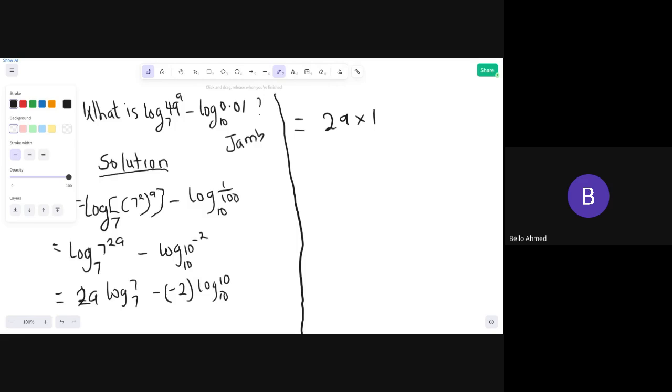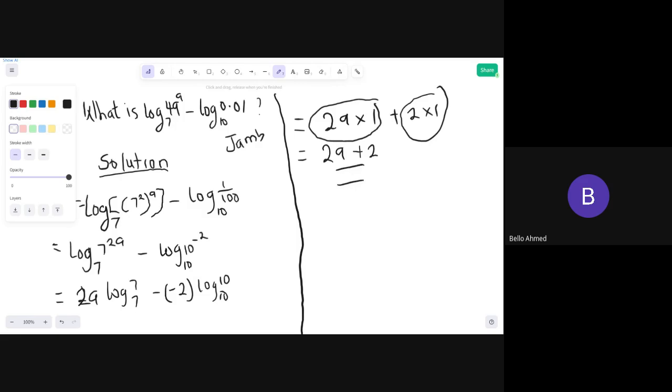Then here I have negative open bracket negative 2, and that is going to be positive, right? So that's going to be positive 2 times 1. Of course, 2a times 1 is going to give us 2a, then plus 2 times 1 is going to give us plus 2. Do you understand? So the final answer is actually 2a plus 2.